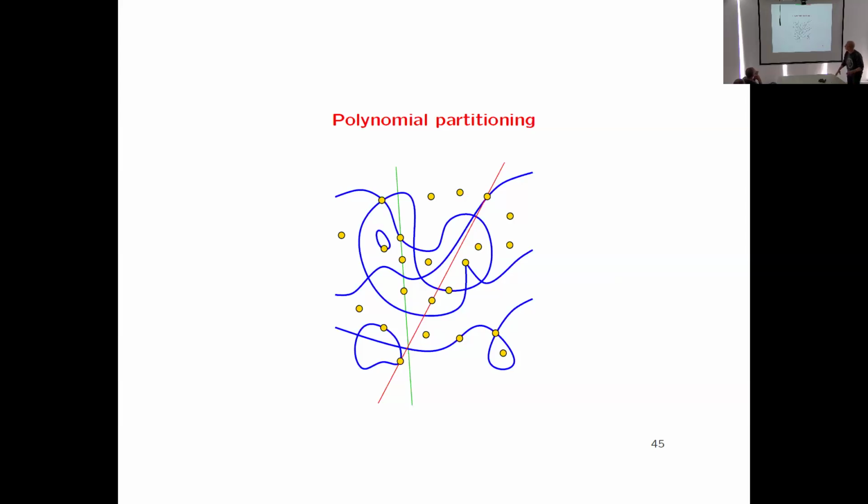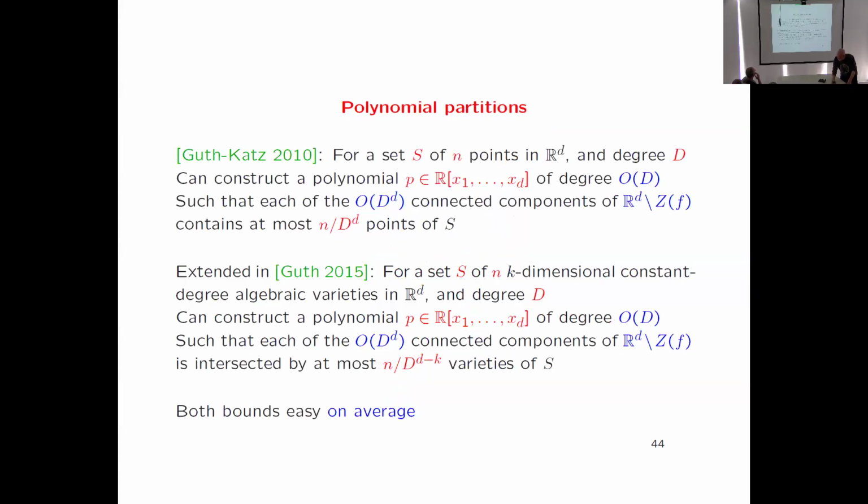If you draw a zero set, the blue curve, where the polynomial vanishes, it cuts up space into connected pieces, as shown here. And the statement is that every piece contains at most n over D to the d points.